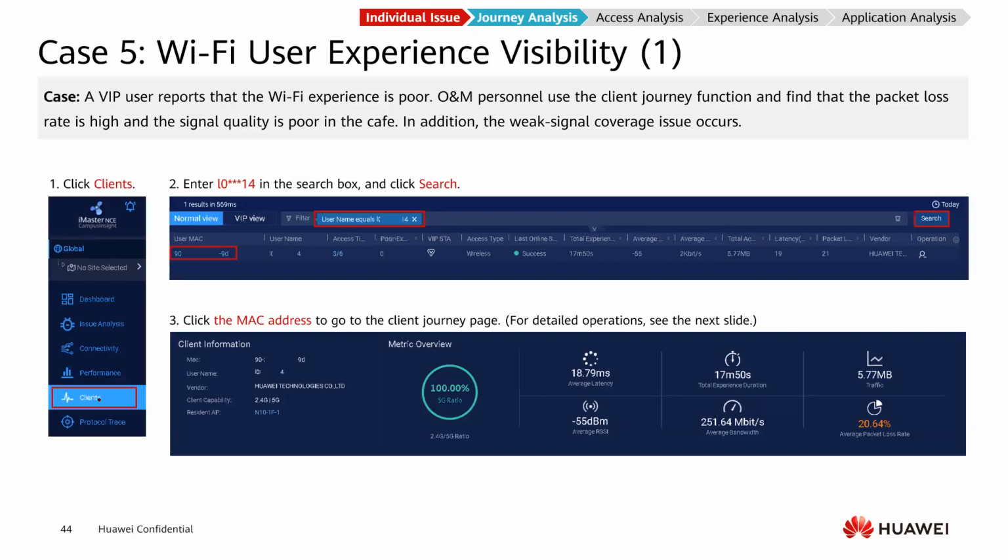So for example, you can just click the client and enter a specific user, because some users have a Wi-Fi experience issue. And then you find this is the issue's MAC. You can click it to get this specific user's experience view. And this is the metric overview, and you find the average packet loss rate is low.